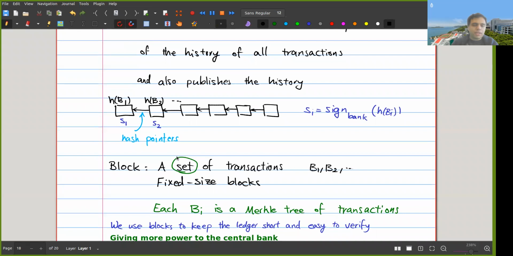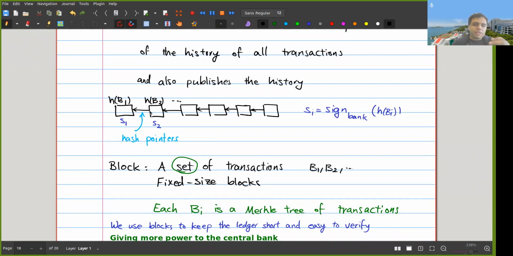And we talked about the data structure that we use there. So the idea was that we first create blocks of transactions, and each block is basically a set of transactions, which is saved as a Merkle tree. And then we create a ledger or a chain or a linked list of these blocks using hash pointers.